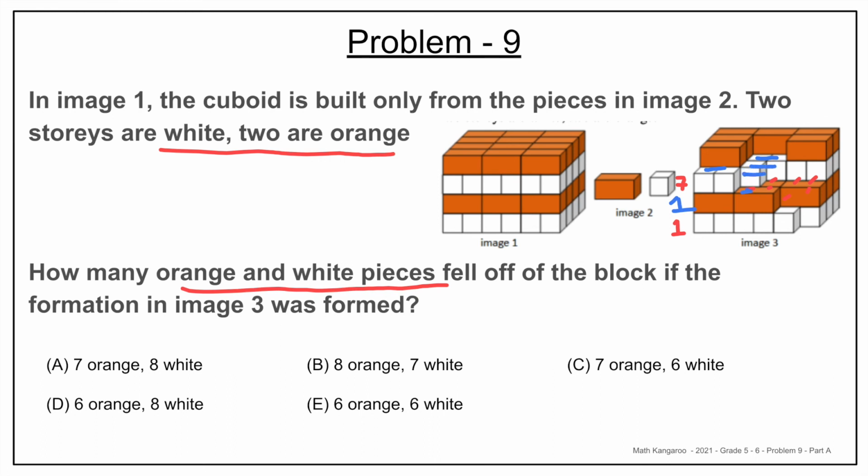We have 4, and then we have 5 in here, and on top of this one is the 6th one. So we have 6 fallen down. So the total for orange is 7 and white is 8, which is our answer, option A.